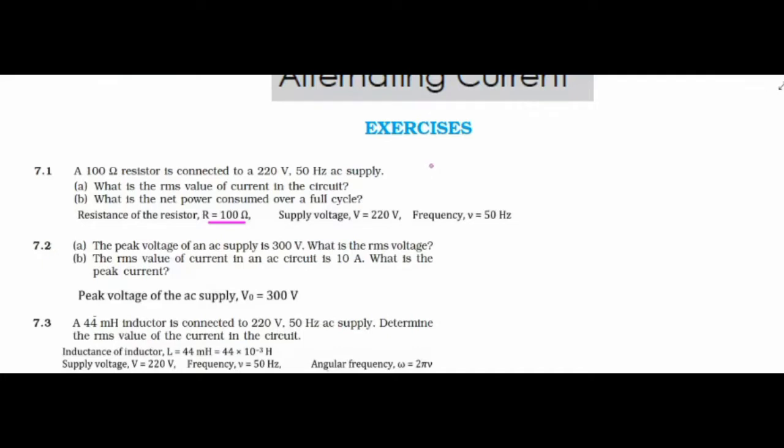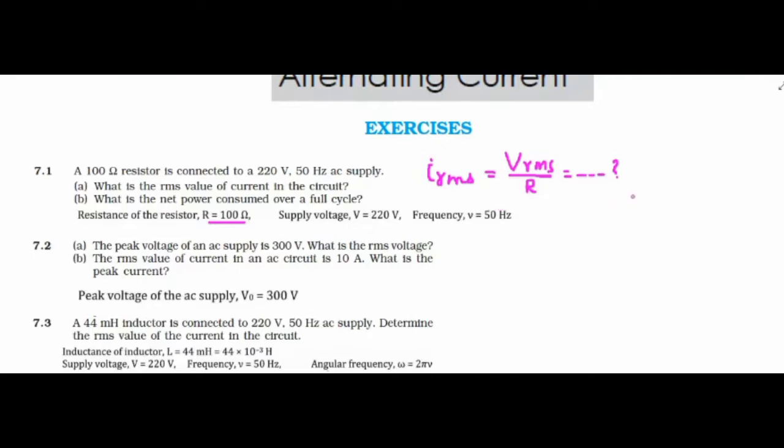RMS value of current can be calculated as IRMS is equal to VRMS divided by R, since only a resistor is there, you get the value of IRMS. Then what is the net power consumed over a full cycle?